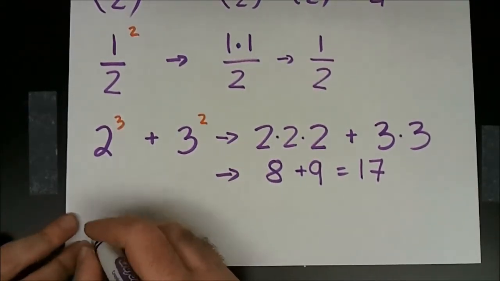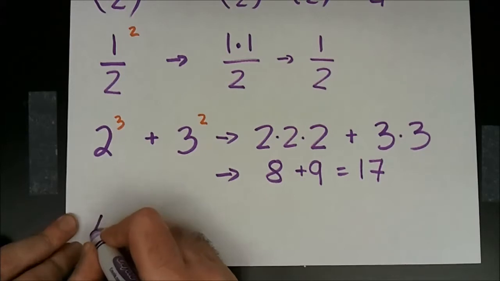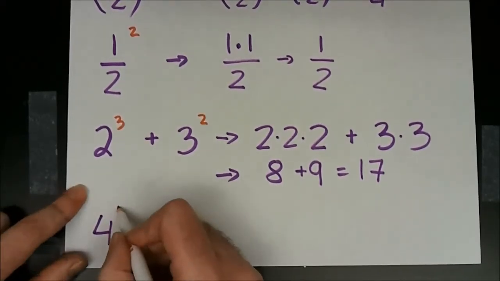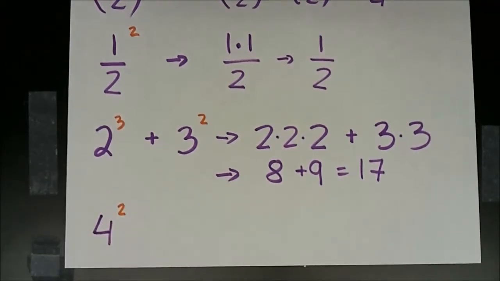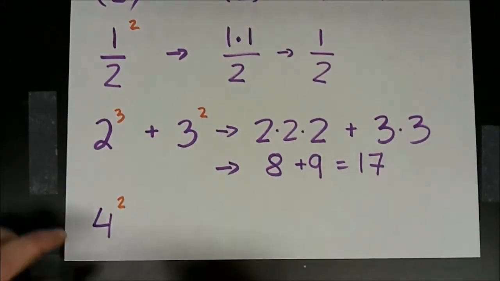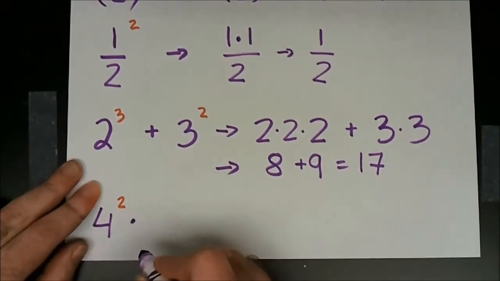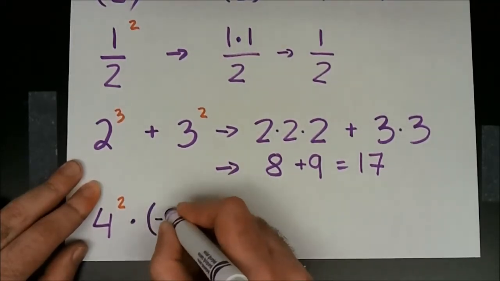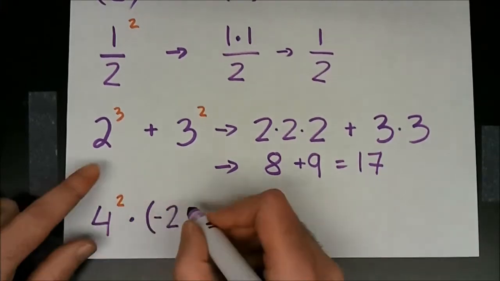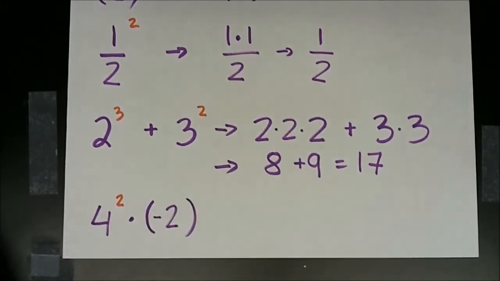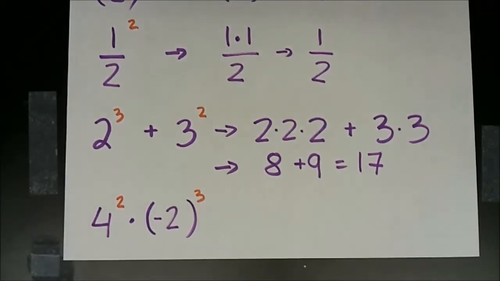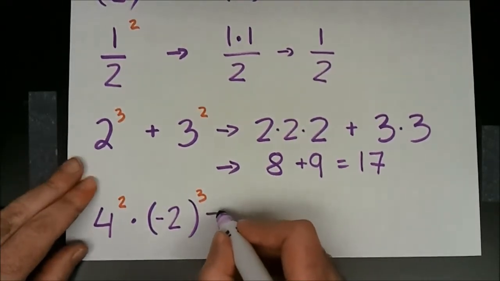Let's say now I have 4 to the second power, and I am multiplying it against a negative 2 to the third power. So, what would that look like?